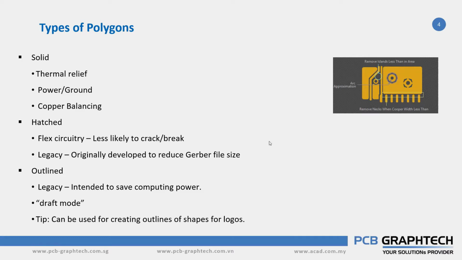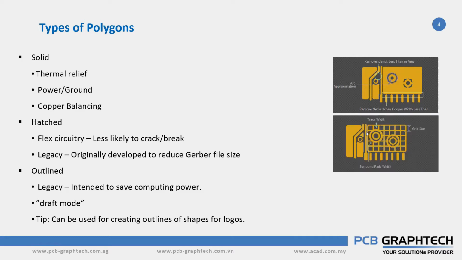Meaning that hatched copper can be drawn in the vertical or horizontal direction, and it is mainly in terms of patterns. It can be drawn at 90 degrees or 45 degrees, vertical or horizontal. You can choose your trace width and decide your grid size.